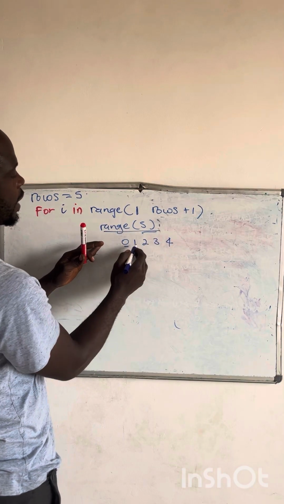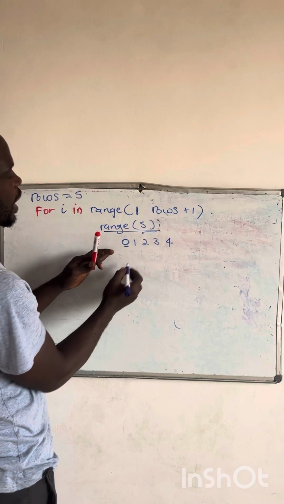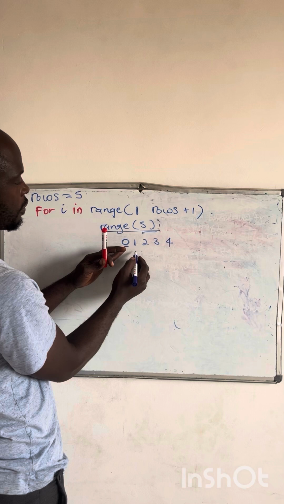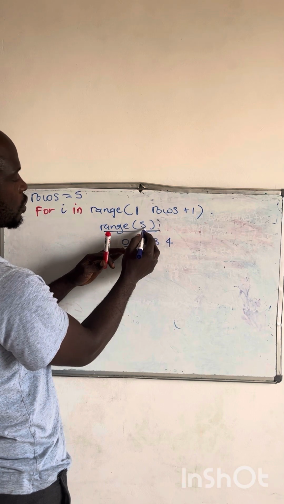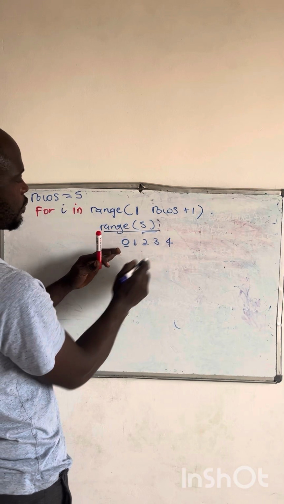So a range will always begin from 0 by default, and it will increment by 1 by default, up to the final number, but it will not include this final number. So the range of 5 is 0, 1, 2, 3, and 4.